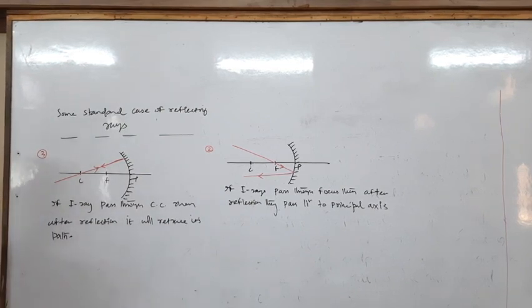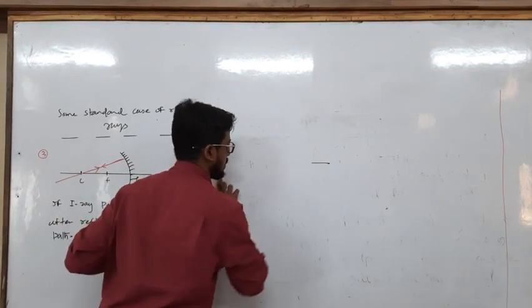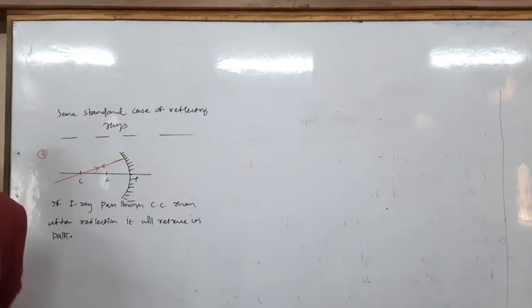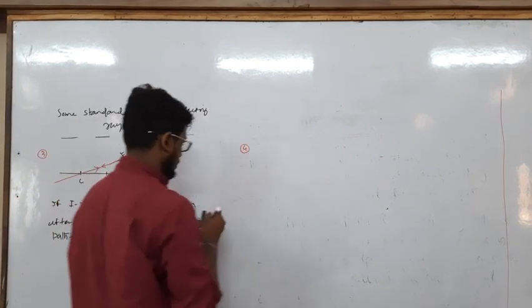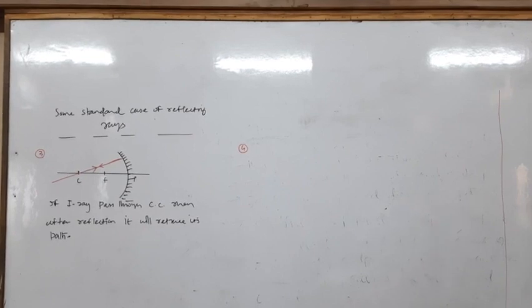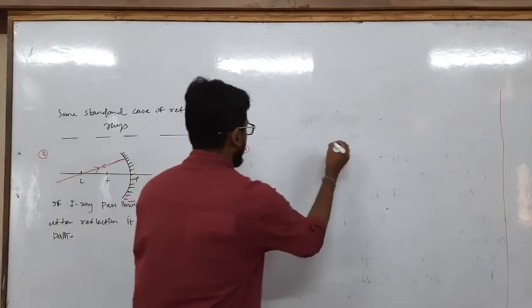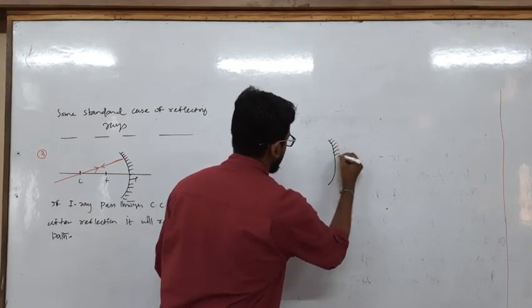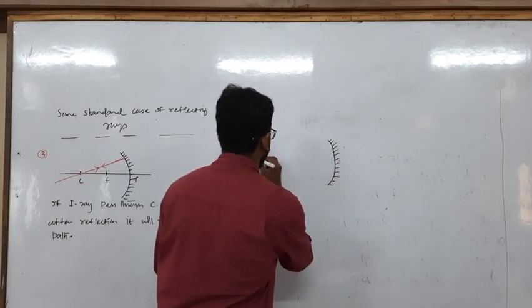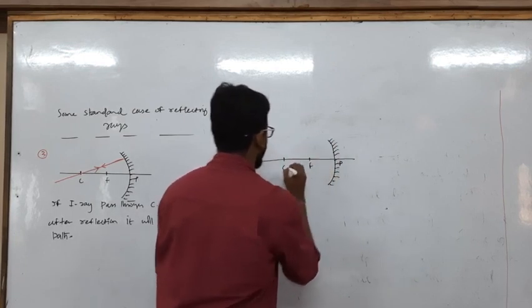Clear? Okay, the next case. The fourth case will be: this is the mirror, this is the principal axis, pole, focus, center of curvature.